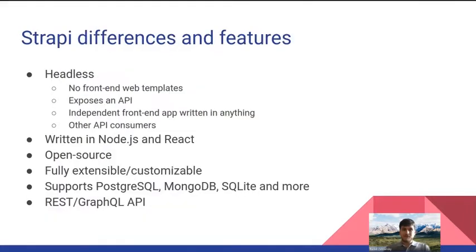So how is Strapi different and what are its features? Strapi is headless. What that means is that it doesn't offer you a way to set up your front-end templates or anything like that. It doesn't care about that. It doesn't want you to do that. You set up the models as you would in a regular CMS, and the editors can input the data as they would in a regular CMS, but that's it.